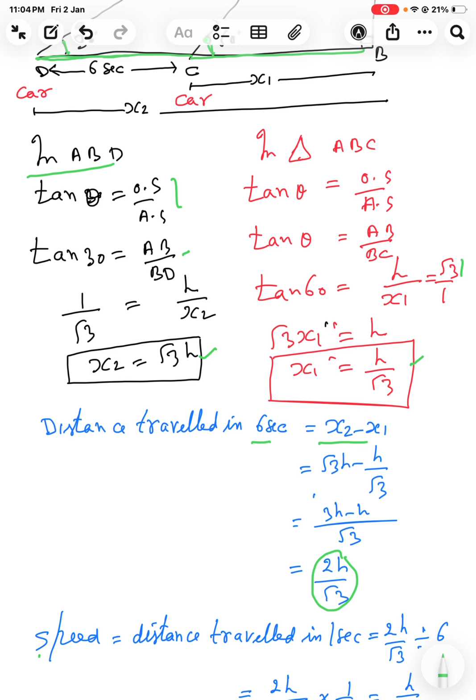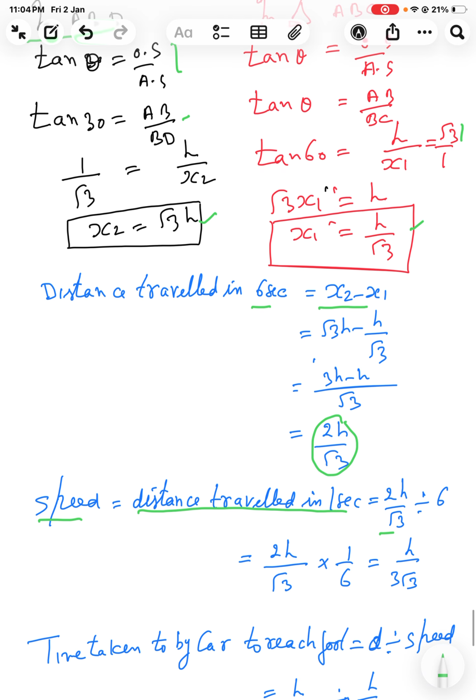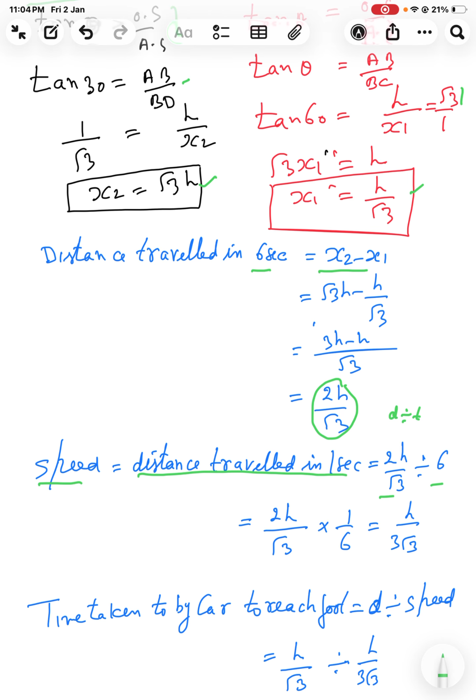As we know that speed equals distance travelled in 1 second, meaning distance divided by time. Distance divided by time is known as speed. That is 2h upon root 3 into 1 upon 6, which is h upon root 3.